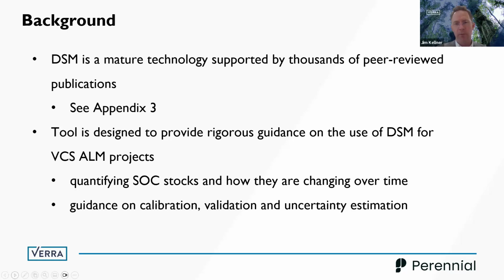We designed the tool to provide guidance on how to use digital soil mapping for VCS carbon projects. And specifically, we're focused on how do you calculate soil organic carbon, that's SOC stocks, and how those stocks are changing over time. How do you do that in a way that is rigorous? And we provide guidance on how to calibrate, validate, and deal with uncertainty estimation.